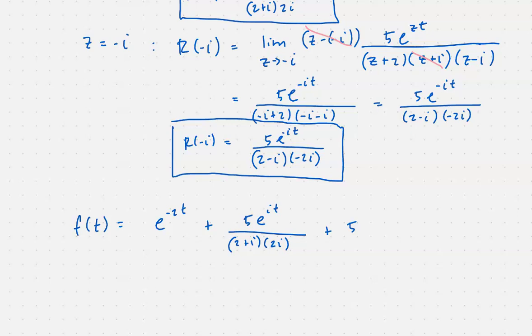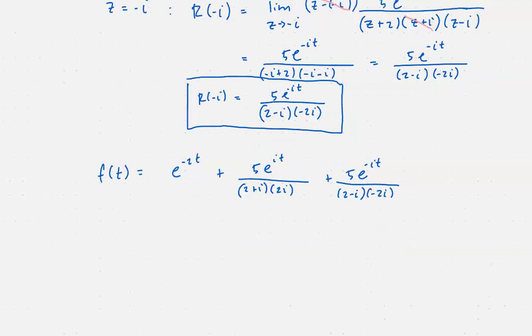Okay? Now, you might think that this is enough. Yeah, this is correct actually. But of course, we need to have some function that makes sense. Remember, if you look at this equation, you still have your imaginary components. But in reality, your function is a real function. So we should express this as a real function.